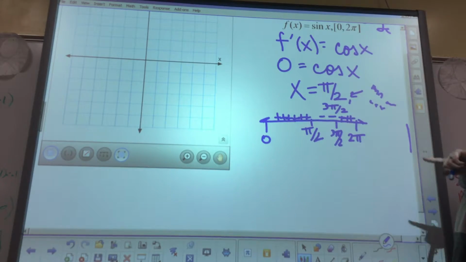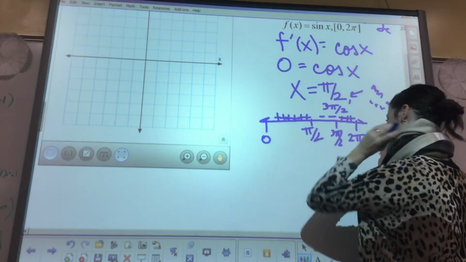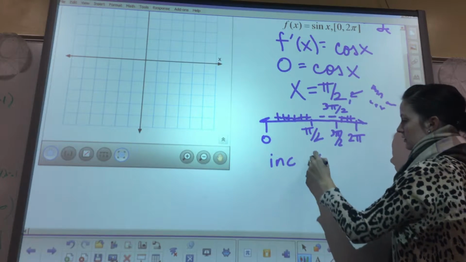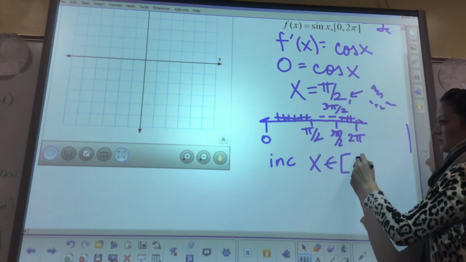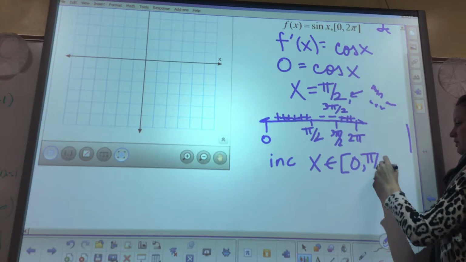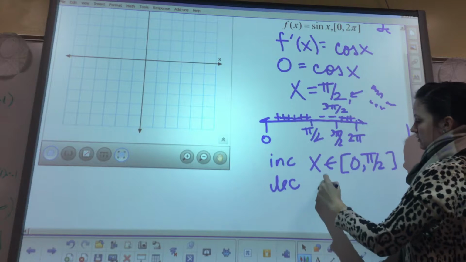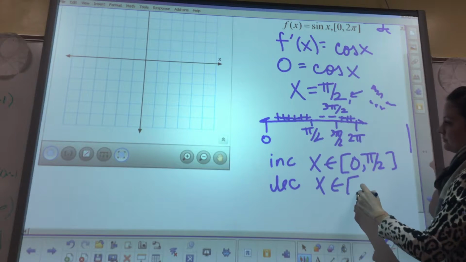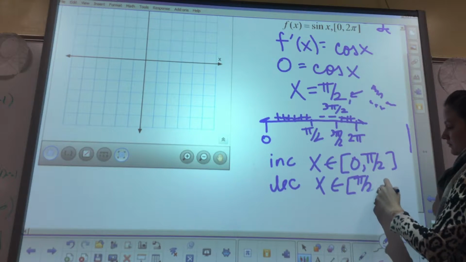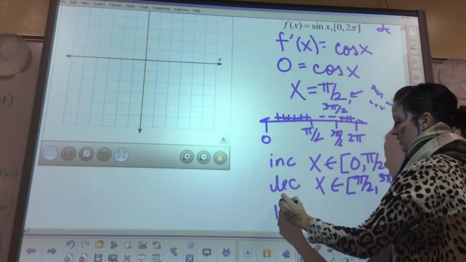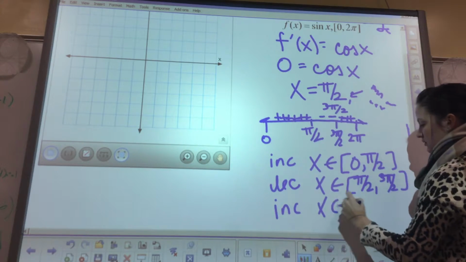But since it's included here, I'm going to include it in my interval range. So, it's increasing. It is decreasing. And then increasing again.